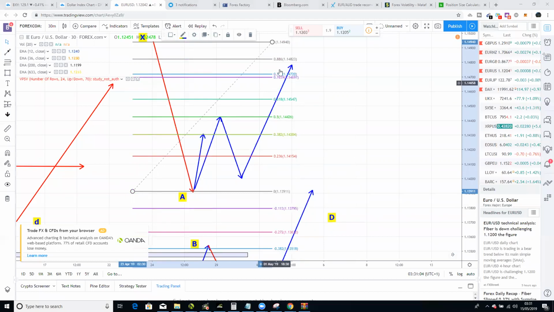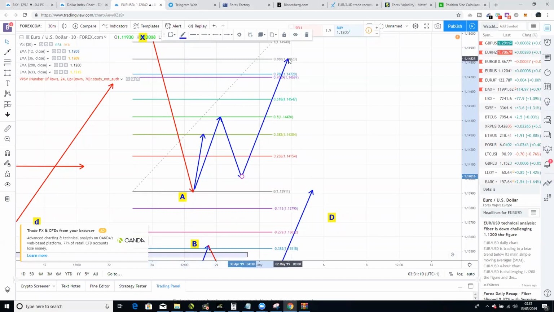What's the ending point for the D? 88.6. All right. So because this is a move down, and then a deeper retracement back to 88.6, right? And that's what is called a bat pattern.